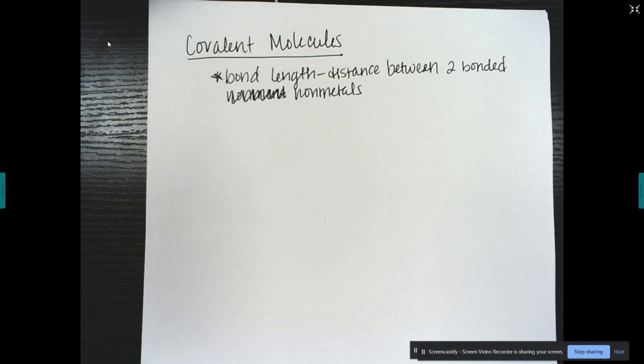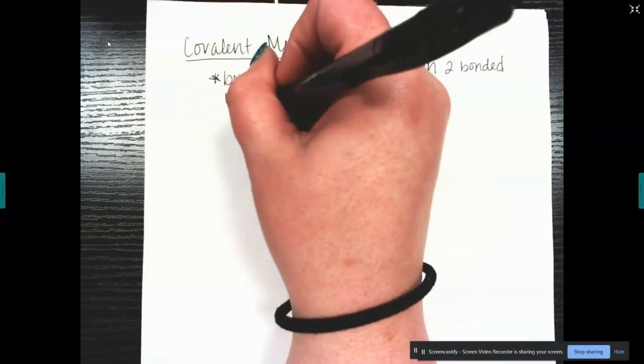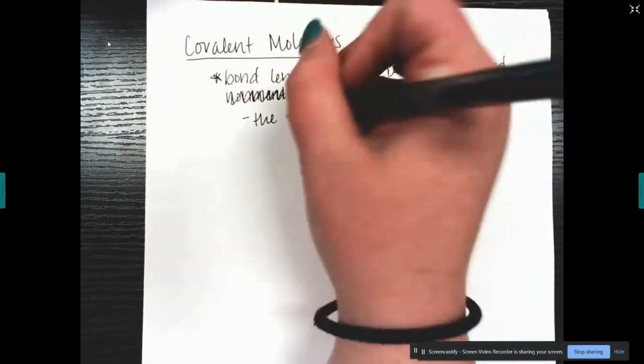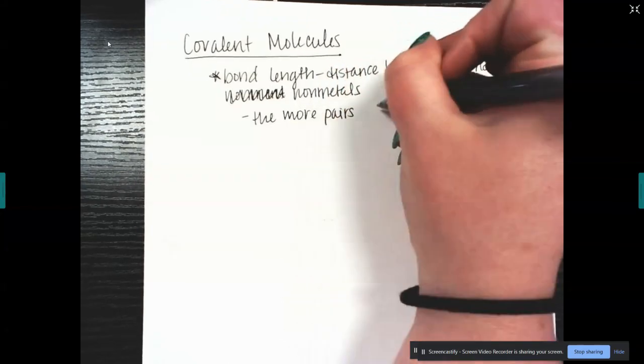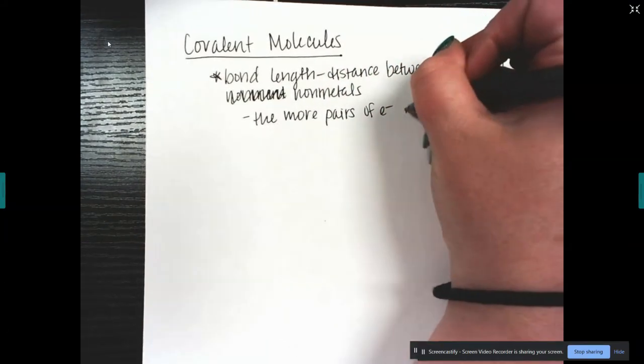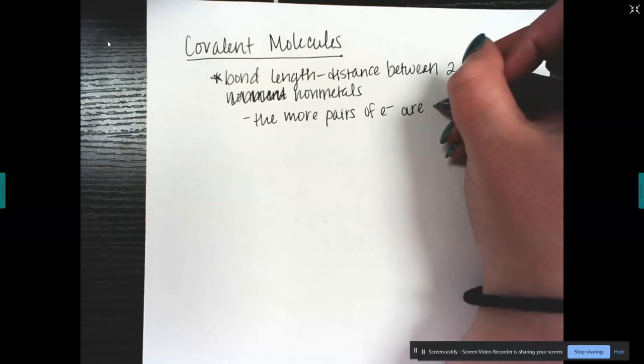So it's the distance between the two, and how far apart they are is partially related to how big the atoms are, but it's also related to how many pairs are shared. Okay, so the more pairs of electrons are shared, the shorter the bond's going to be.